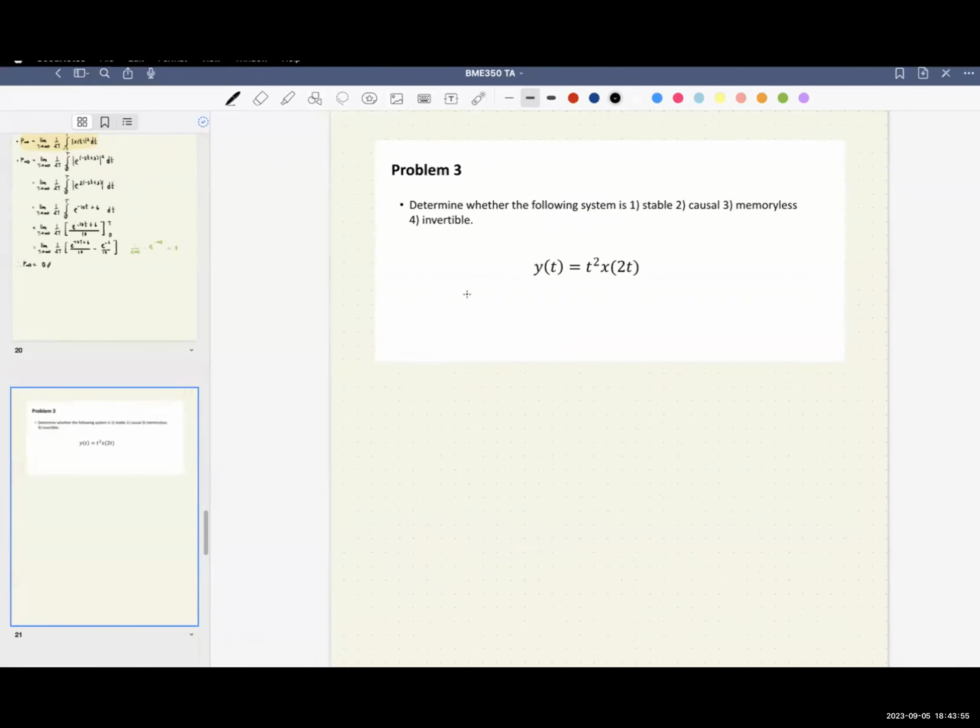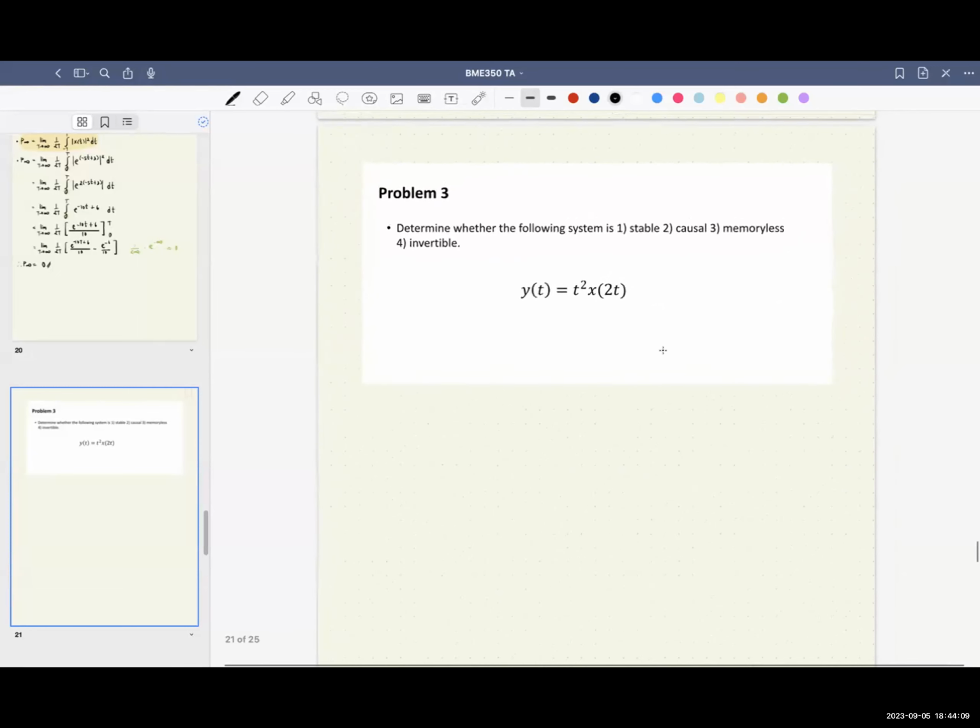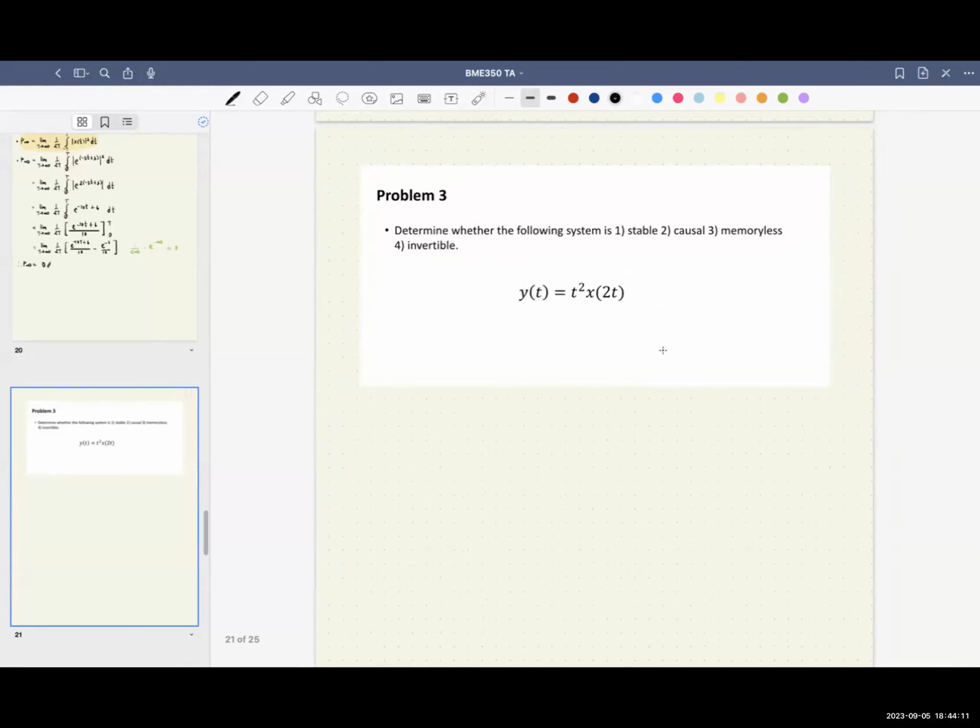We're going to talk about system properties today. There are four properties that we will cover: stability, causality, memoryless, and invertible.